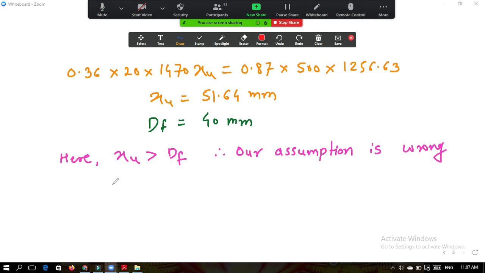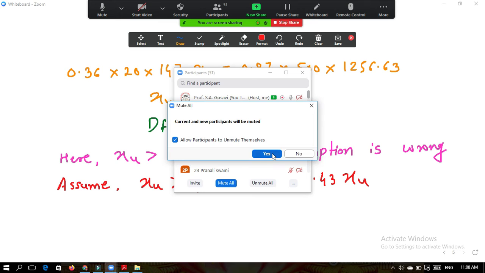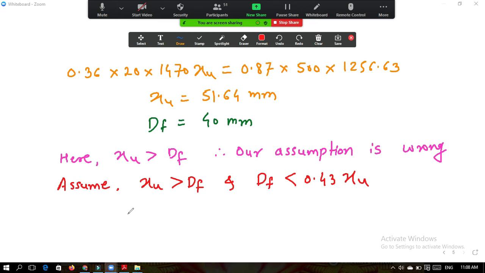So here assume Xu is greater than Df and Df is less than 0.43 Xu. This is our second assumption. So now again equate all compressive forces to the tensile force equilibrium.